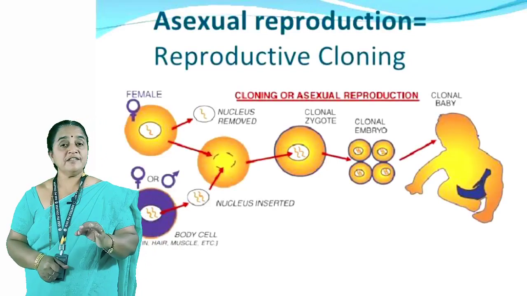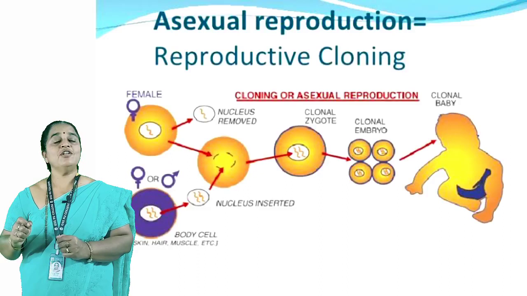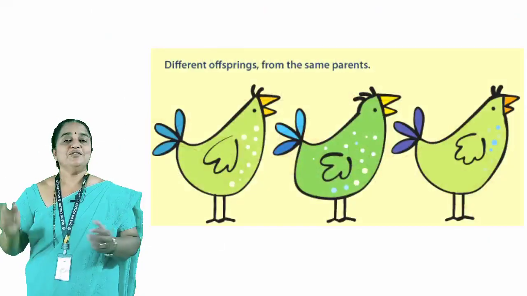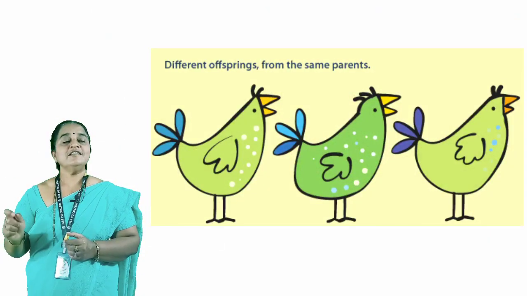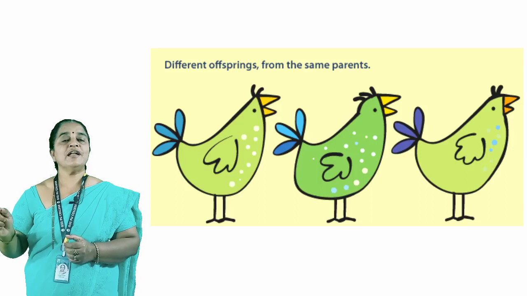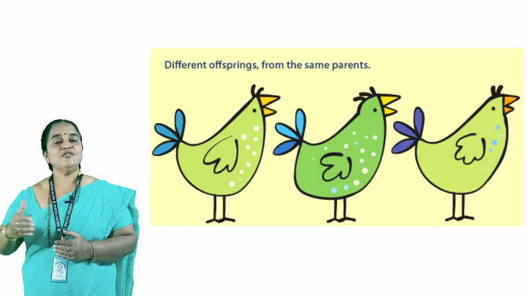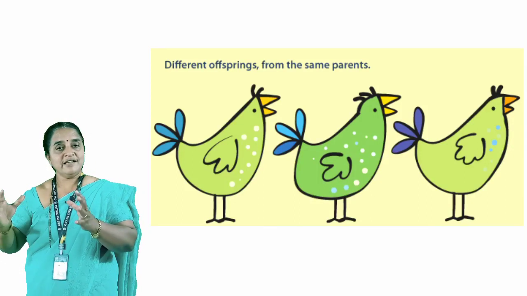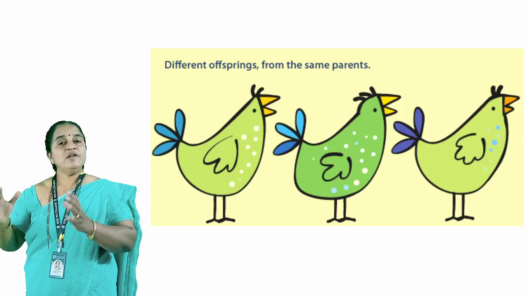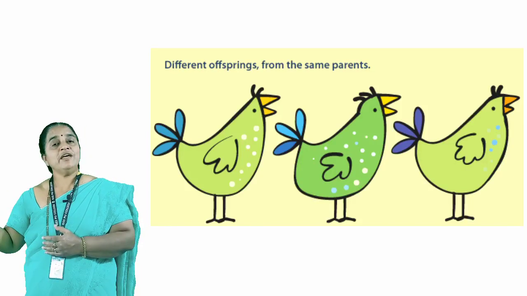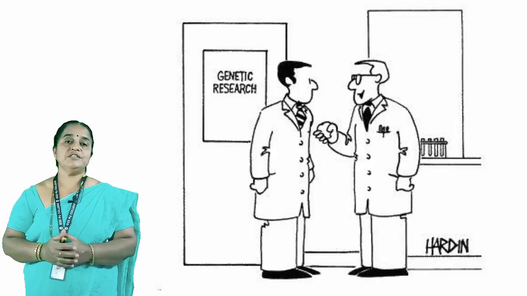They will have differences, and these differences we call variations. Variations are considered the raw material for natural selection in the process of evolution. Whatever I said just now, you will understand in the next unit where we learn genetics and evolution.